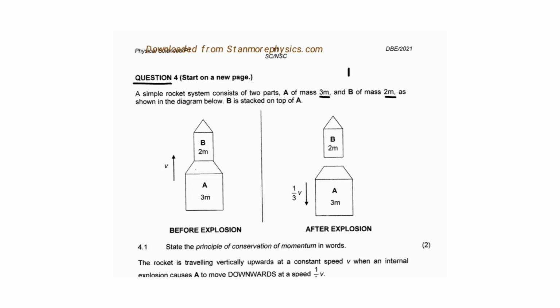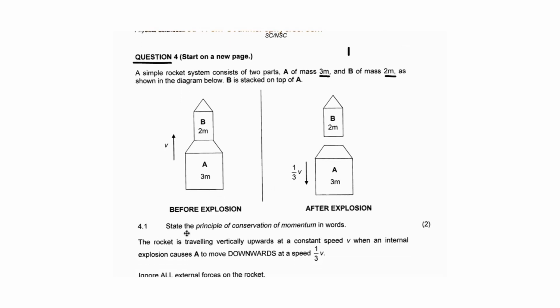B was stacked on top of A, and then after explosion we can see them separating. And the first question, state the principle of conservation of momentum in words, for 2 marks.